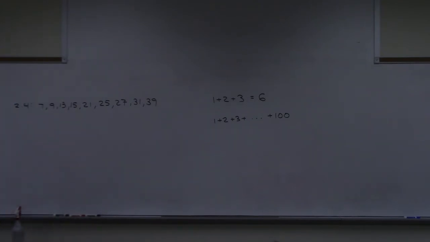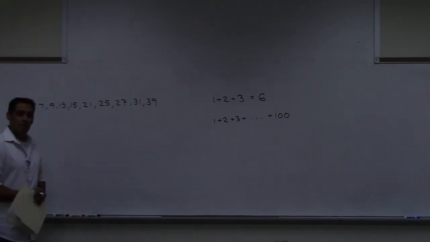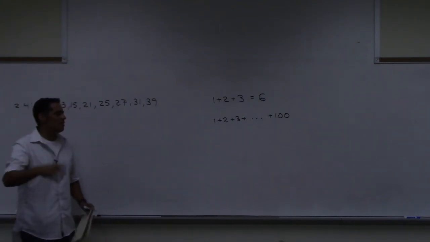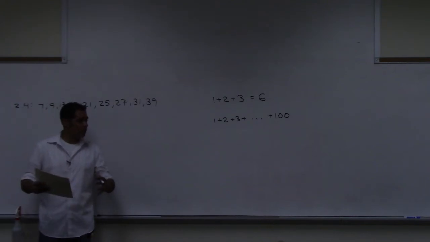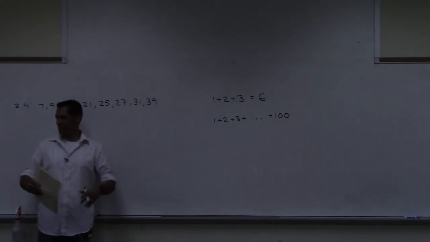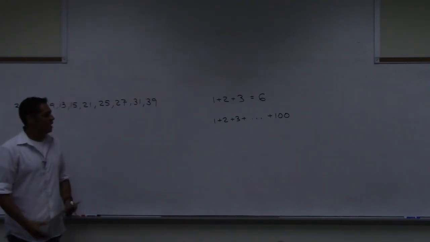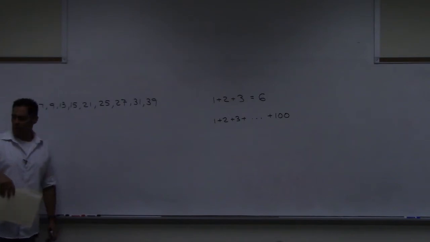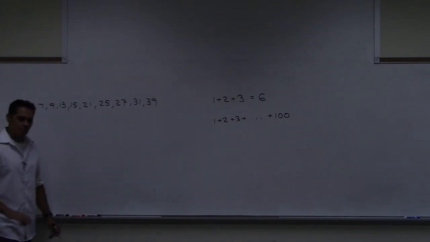So anyway, the story goes that the teacher wanted to give this assignment as busy work, to let the students get out of his hair for a while. And Gauss solved it in a few minutes.